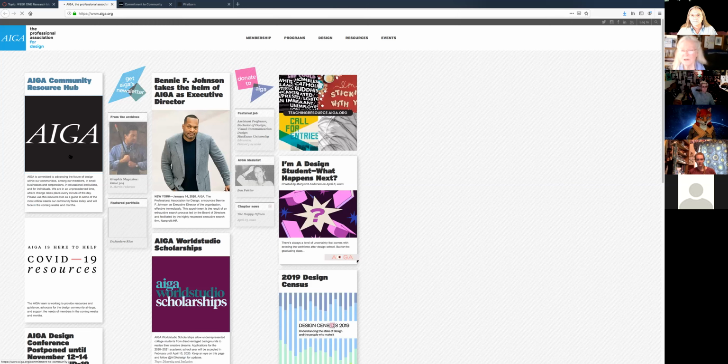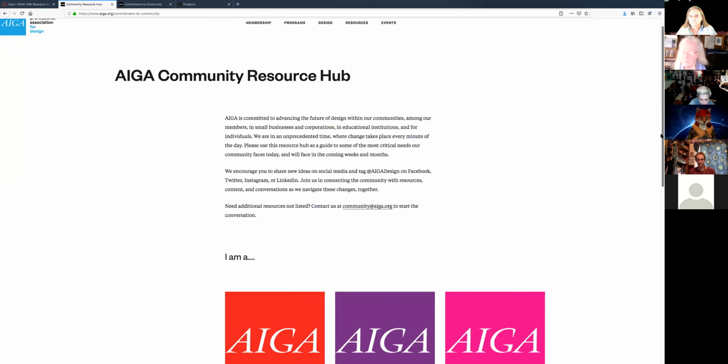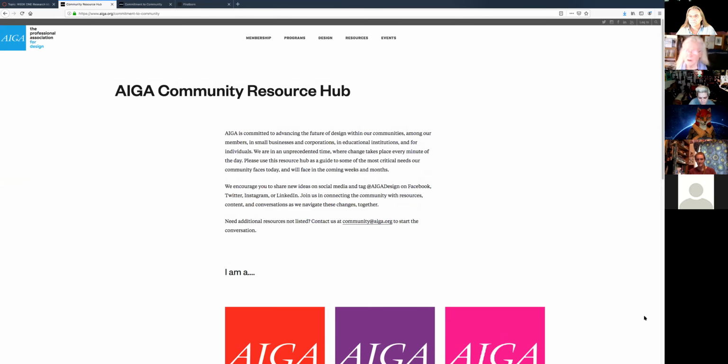When you go into these other pages, this is something to notice: the white space and the lack of clutter. The first page is a little busy because it's sending you to all those different places.